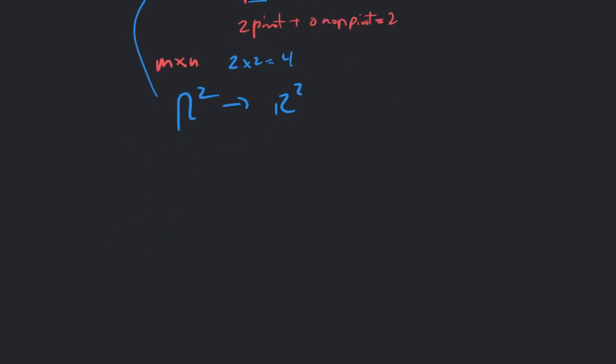Also, the dimension of polynomial spaces. Polynomials going 1, x, x squared, x cubed, all the way to x to the n.